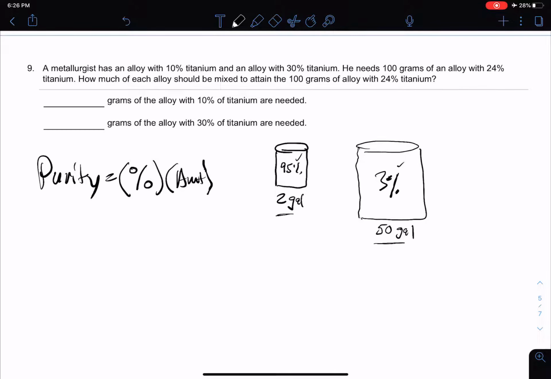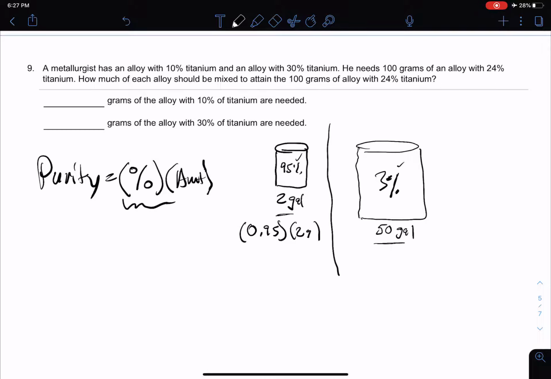So I really want to know which container has more apple juice, the 95% apple juice at 2 gallons or the 3% apple juice at 50 gallons. So we can go like this and work it out. Our formula says take the percent times the amount. So the percent here is 0.95 times the amount, 2 gallons.